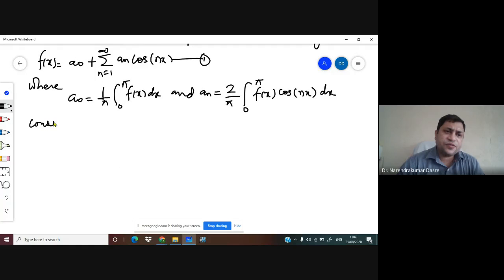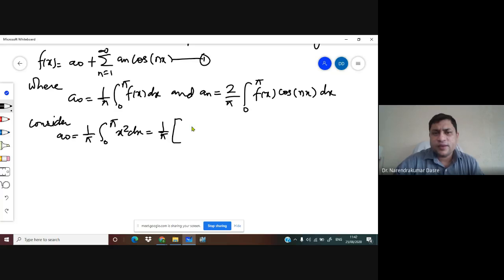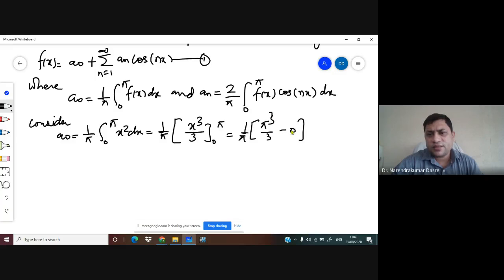So first we consider a0, so 1 upon pi integral 0 to pi x square dx. 1 upon pi, then the integral will be x cube by 3 from 0 to pi. So we have 1 upon pi, then this will become pi cube by 3 minus 0.